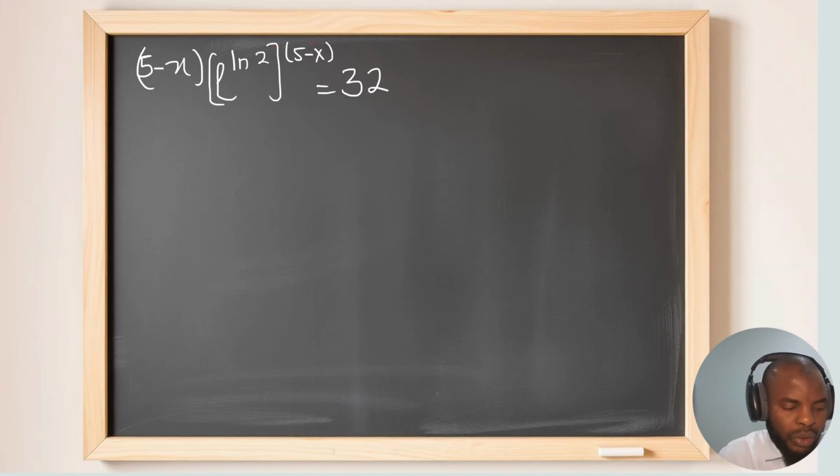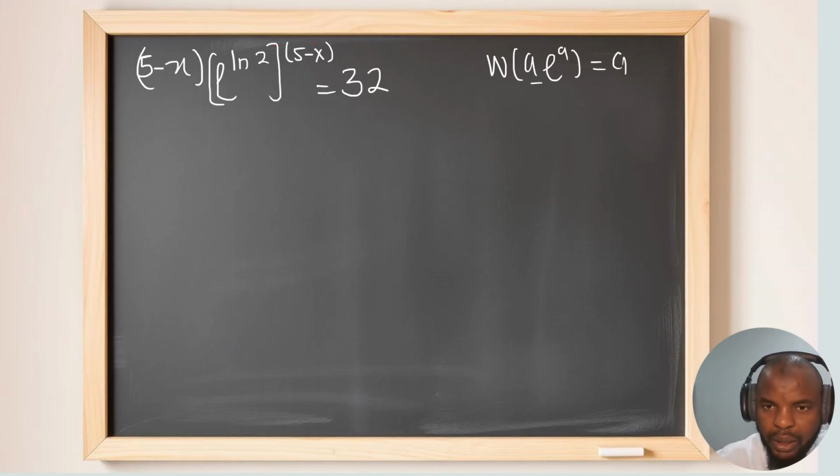Now, here I'm going to use the Olympiad function. Recall that the Olympiad function is a exponential a, and this is going to be a. So we make sure these and these are the same. Now to do that, let's multiply both sides by ln 2.